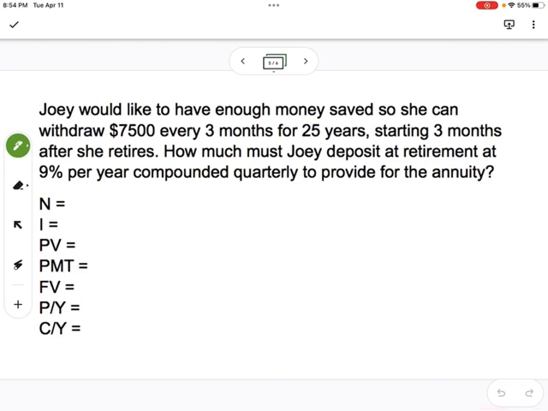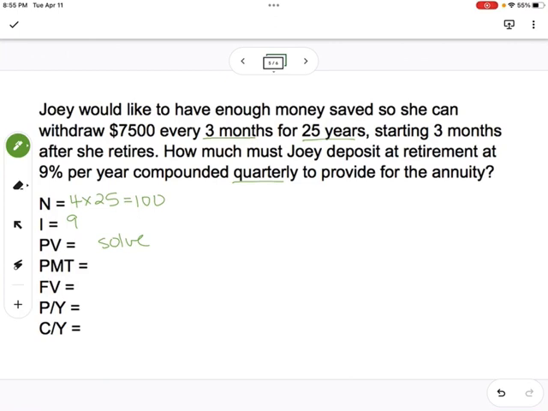Okay, so every 3 months, that is saying quarterly. So that's 4 times a year times the 25 years for our N. So our N is 100. Our I is our percent, which is 9%. Present value is what we are solving for using our TVM solver.